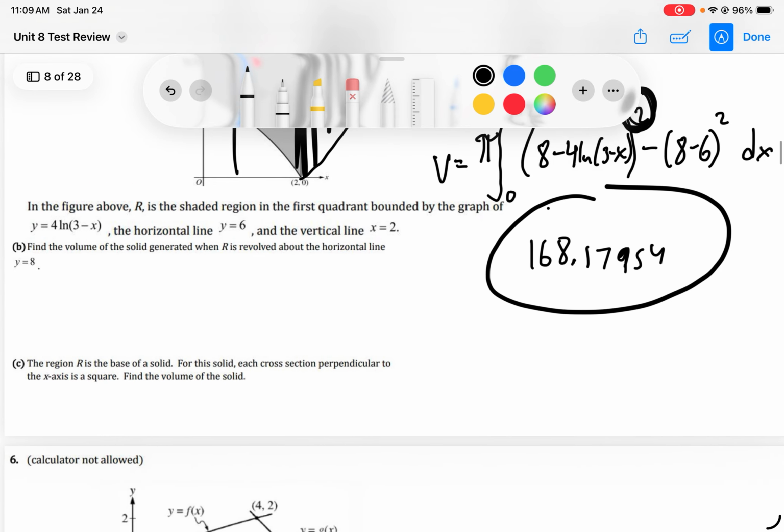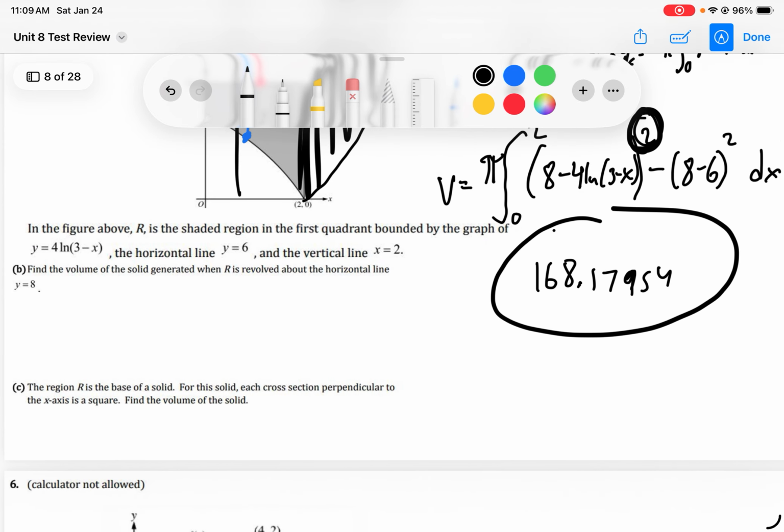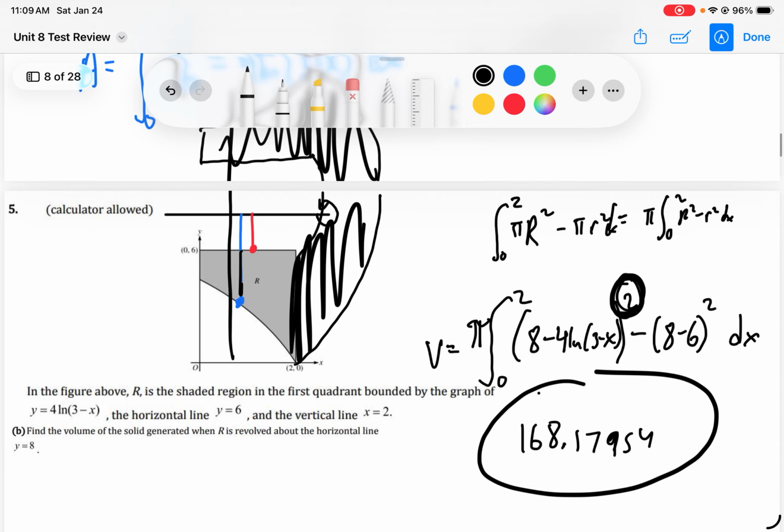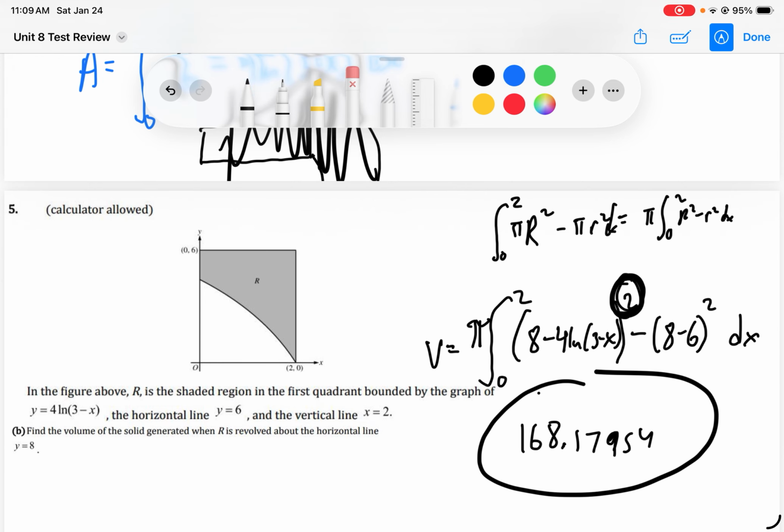All right, last part. The region R is the base of a solid. And for the solid, each cross-section perpendicular to the x-axis is a square. Find the volume of the solid. So similar to that multiple choice, the side length of each square is going to be the distance from, let's erase all this, the top of the region, which is 6, minus the function value.